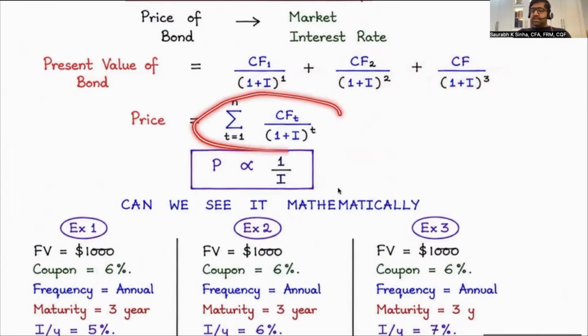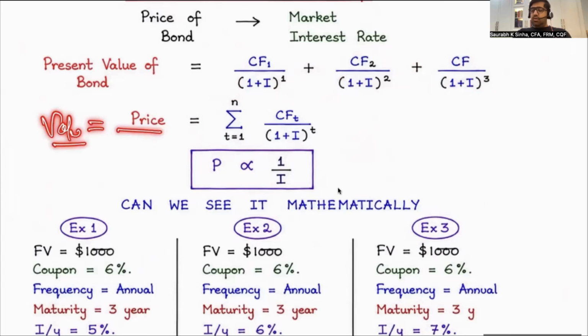If I summarize it, I can write the price or the value of the bond as the summation of all the cash inflows from 1 to n, which are discounted by the interest rate.